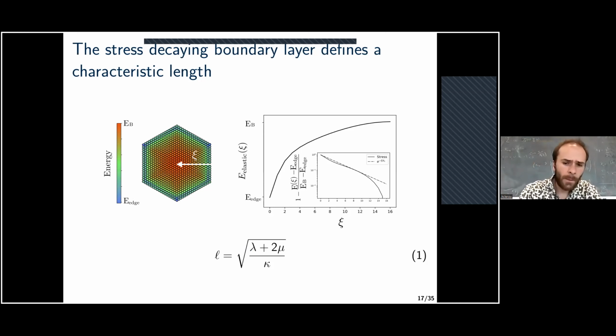And in fact, the coupling defines a mode of deformation that allows the stress to relax. And the softer this mode of deformation is, the larger L is going to be, and the larger the size of my equilibrium finite size aggregate is going to be.